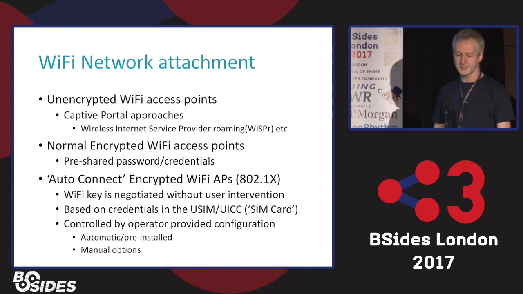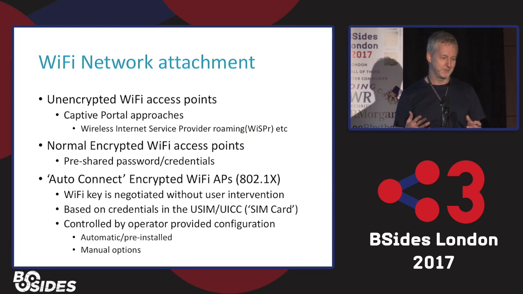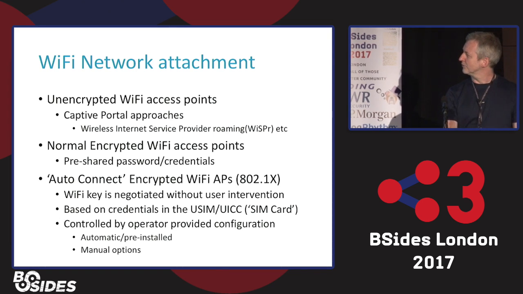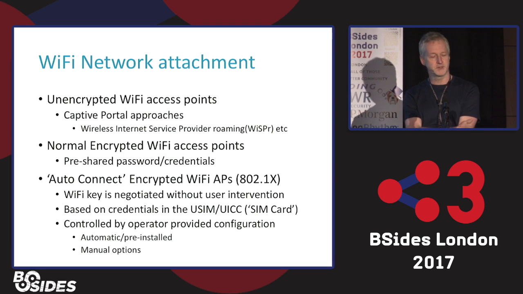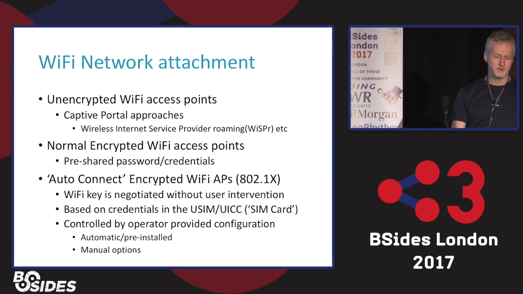So Wi-Fi network attachment: well, basically you've just got unencrypted connection to Wi-Fi access points, maybe with a captive portal thrown in. Then you've got normal pre-shared passwords, credentials, maybe pre-shared keys or something.